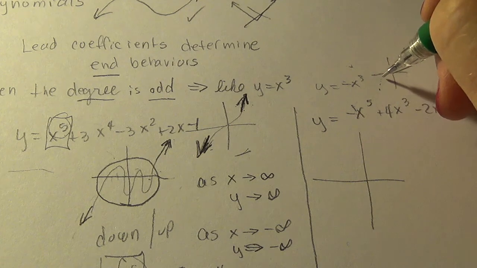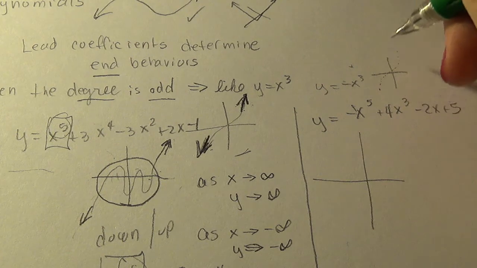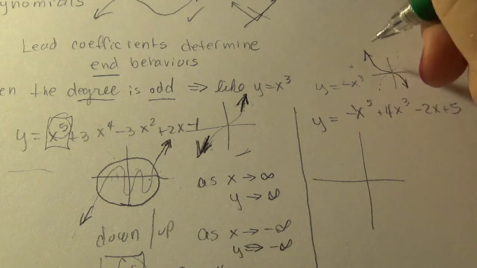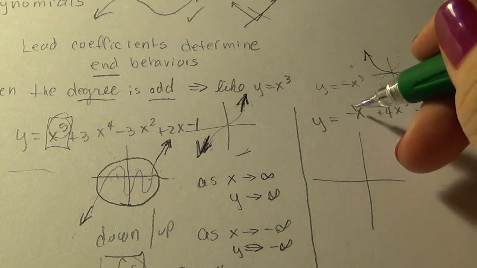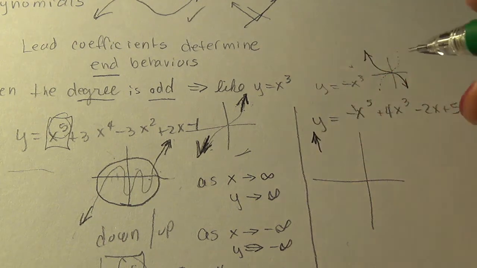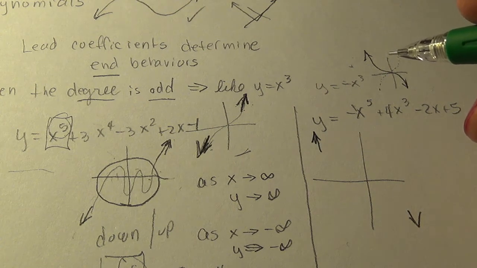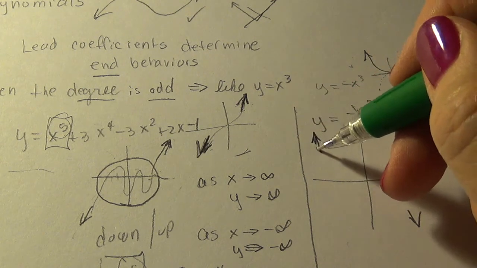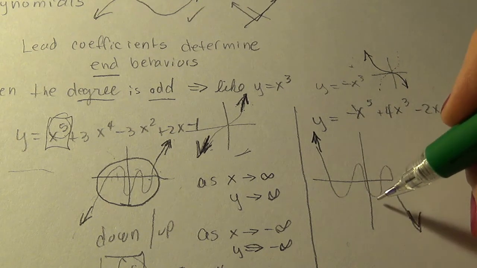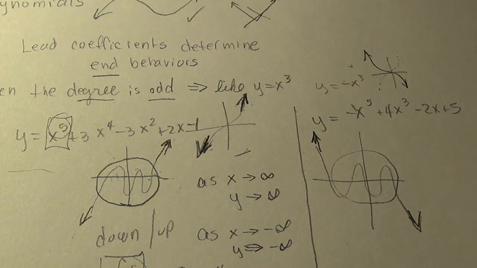Here's the normal one dotted in. But when we put a negative sign, we know that reflects it across the x-axis. So it's going to go up on the left and down on the right. In between, I'm not sure what it does, but in the ends it will look like that.